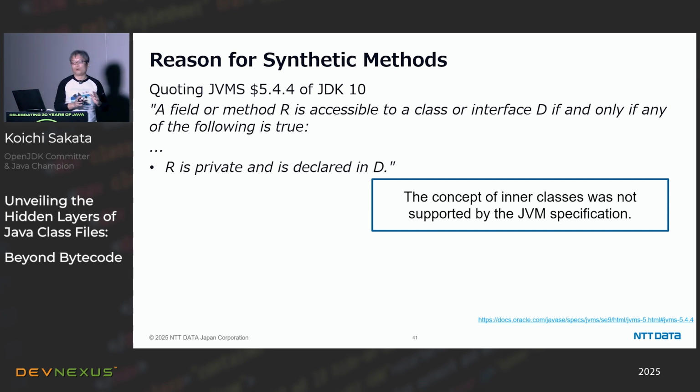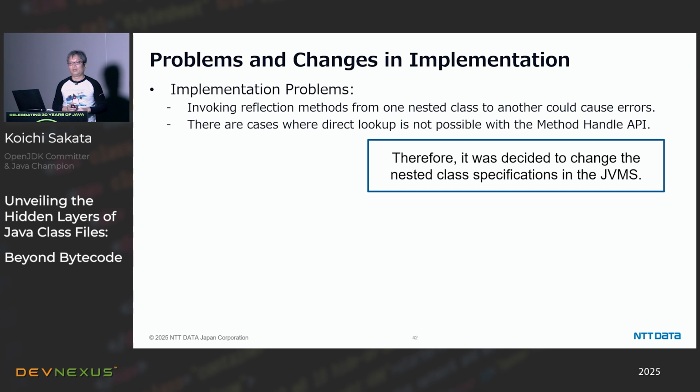The concept of inner classes itself was not supported by the JVM specification. But this implementation had problems. For example, invoking reflection methods from one nested class to another could cause errors.